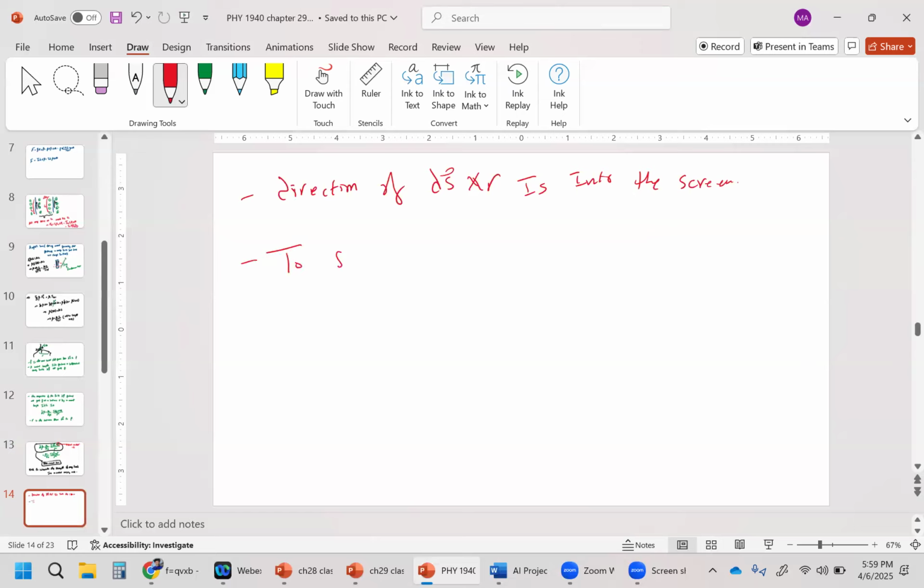Now, to find the magnitude of the magnetic field at point P, we multiply the integration by 2.